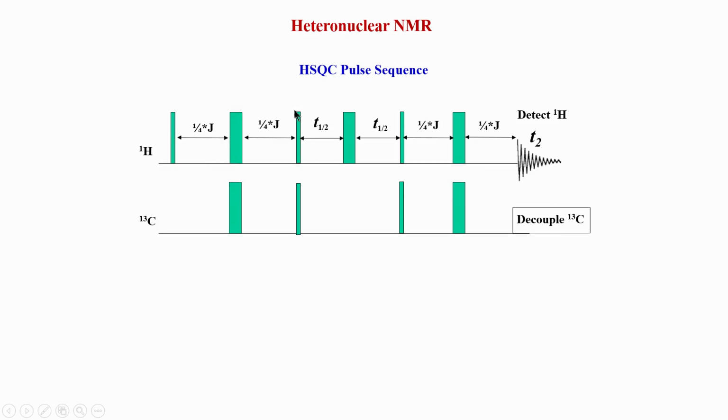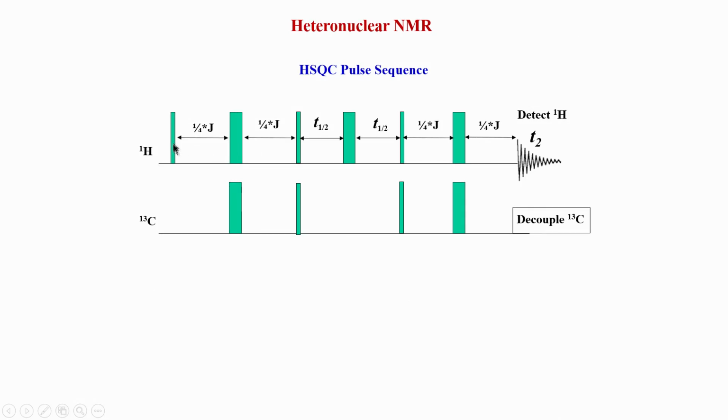Now, this part here is an INEPT block. There is a delay, meaning some time, before you apply a 180. In NMR literature or books in general, remember, if you see a pulse which is fat or broad, it typically denotes a 180-degree pulse, meaning a pulse which rotates the magnetization by 180 degrees. In terms of time it is basically double the 90-degree pulse if both are rectangular pulses, although in the picture it looks more than twice.